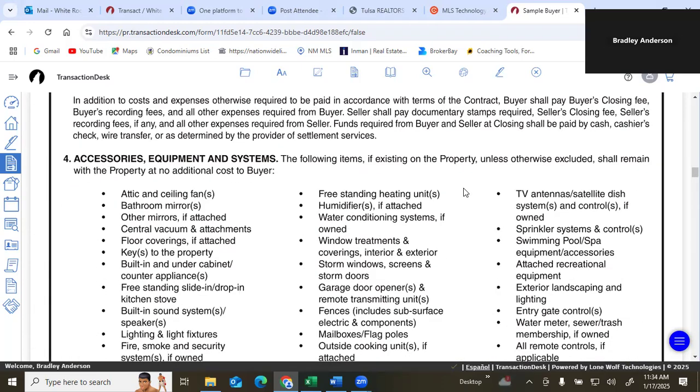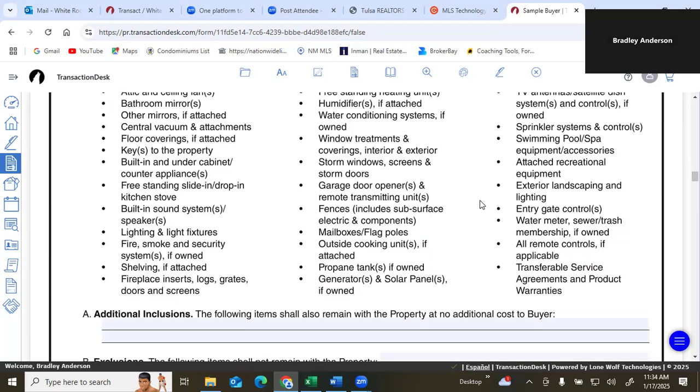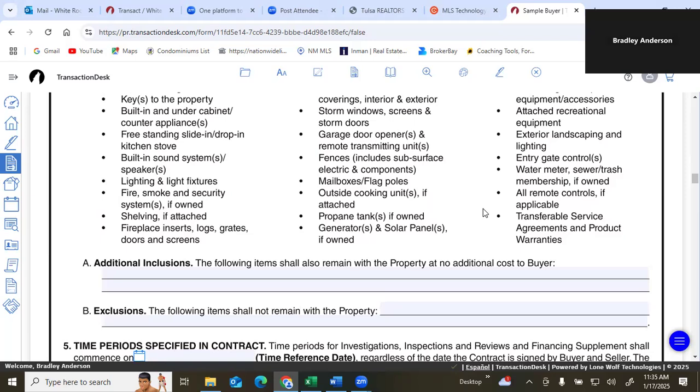Okay. And then it goes on to describe what stays with property. So accessories, equipment, and systems, the following items, if existing on the property, unless otherwise excluded in writing, shall remain with the property at no additional cost to the buyer. All right. And here they all are. And this list, I'm sure, has grown from the first time this contract was done, but lots of things spelled out. All right.